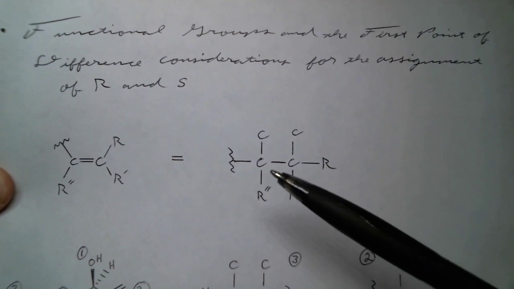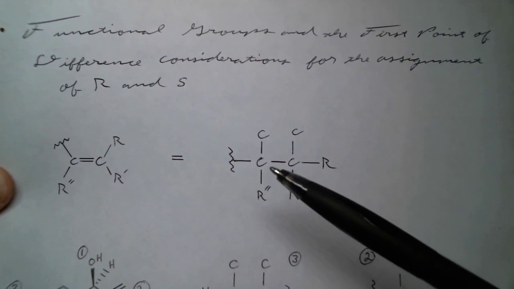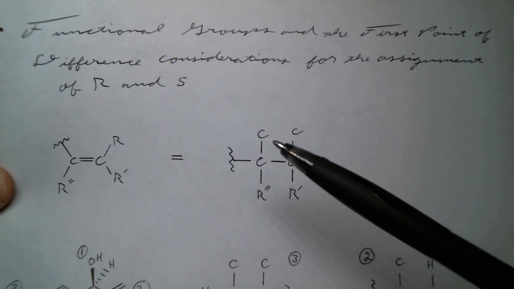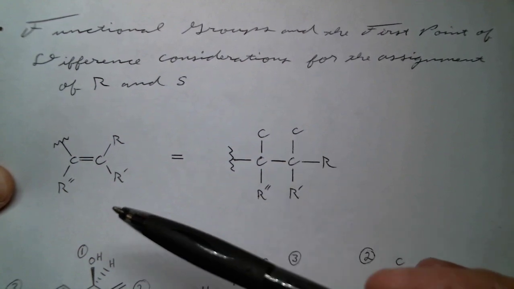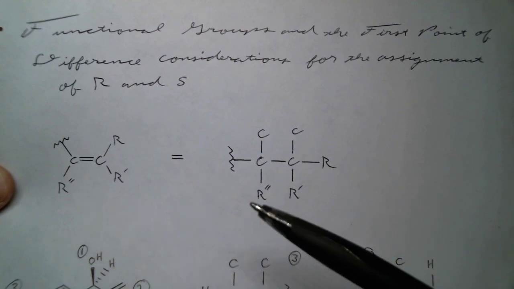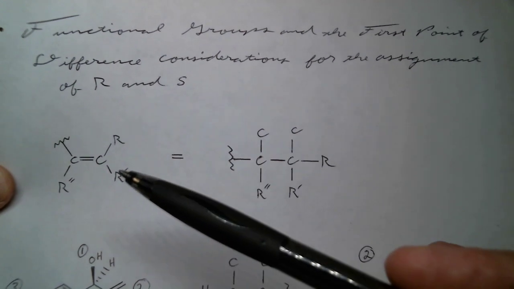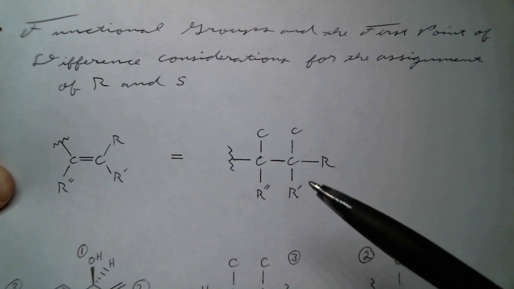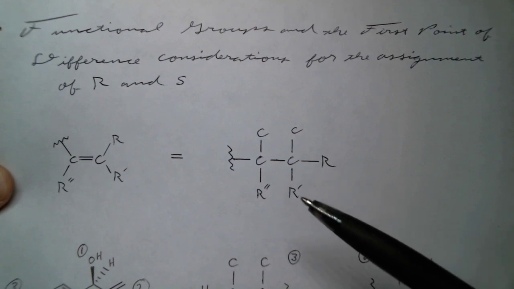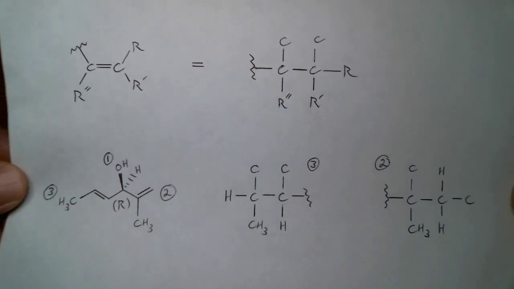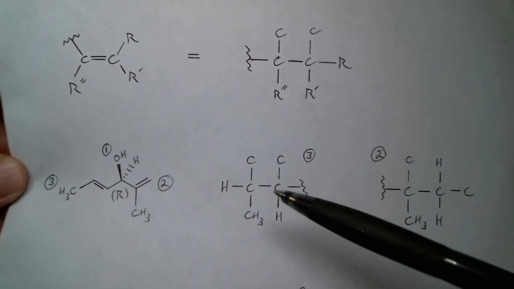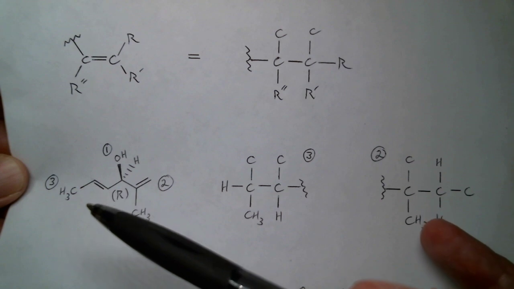Well, we would simply treat it as a carbon that's bonded to two other carbons, and of course R double prime, whatever R double prime is, and of course the other carbon that it's bonded to is still bonded to R and R prime.